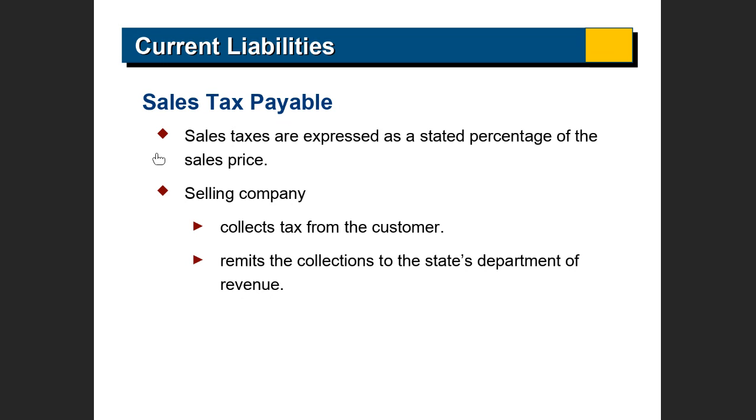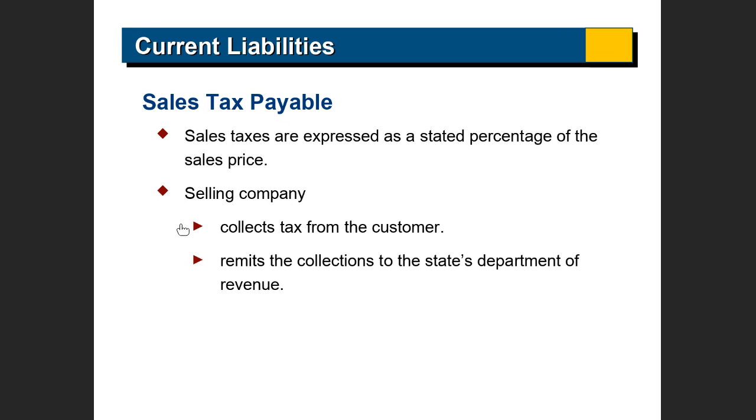And this sales tax is very common in the US because this is a US textbook, so the examples are somewhat from the US. So what happens is the company that is selling the goods collects the tax from the customer. The company that sells is an agent who collects the tax from the customer and then pays it to the government.